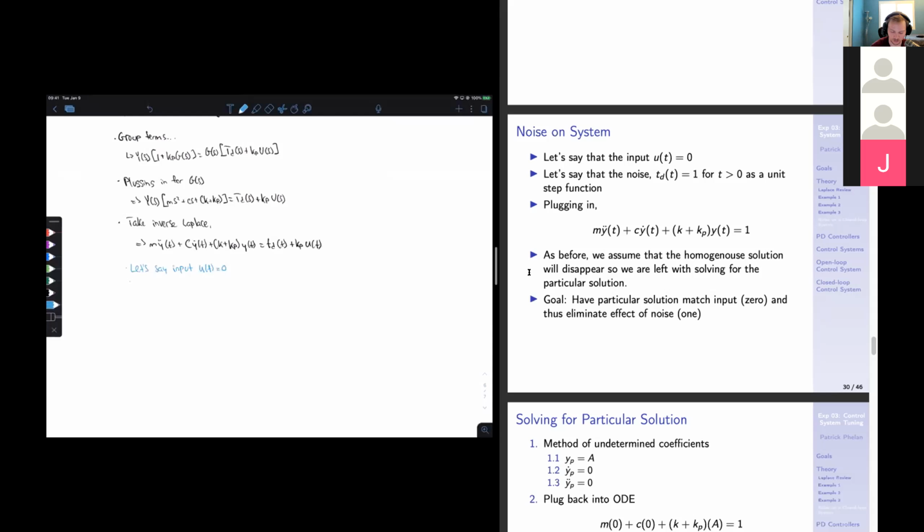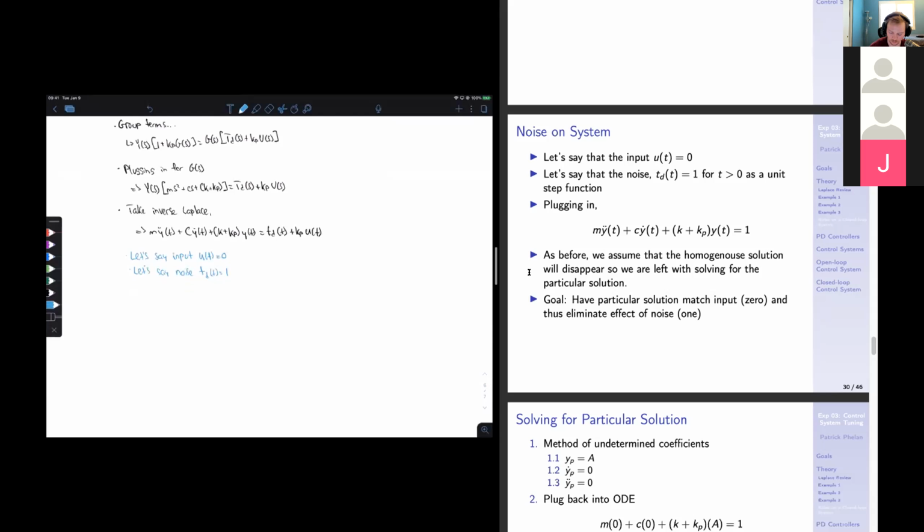Okay, and then we're going to say that the noise td of t equals 1 for a time greater than 0. And we're going to model this as a unit step function. So it's going to be 0, and then at time greater than 0, we're going to have a step function, so it's going to go up to 1, for t greater than 0.